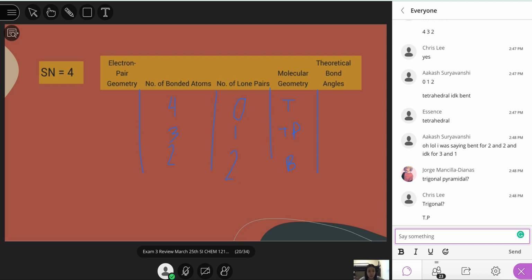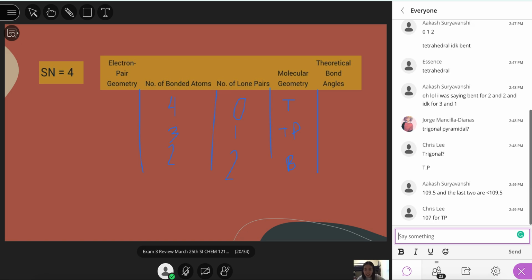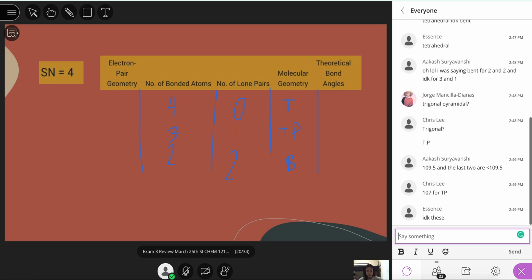So what are the bond angles with 4 to 0? What's that going to be? Does anyone remember? Yes. 109. So 107 is actually not part of the bond angles at all.